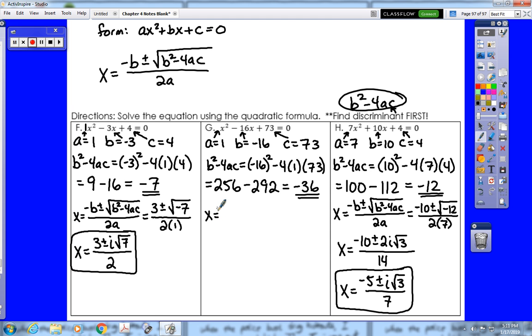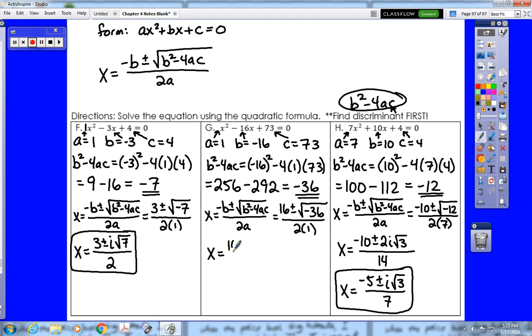So we go to plug into our equation, negative b plus or minus the square root of the discriminant all over 2 times a. Negative b would be positive 16 plus or minus the square root of negative 36 over 2 times 1.